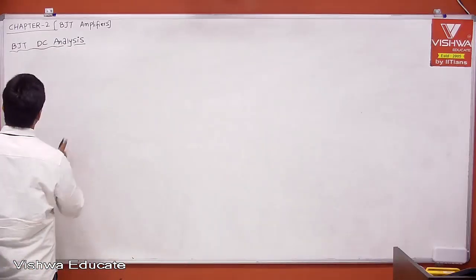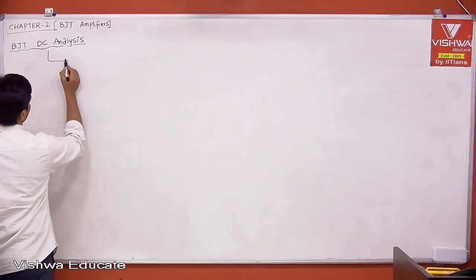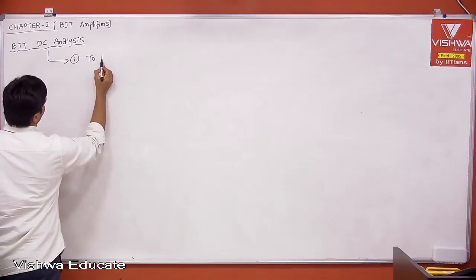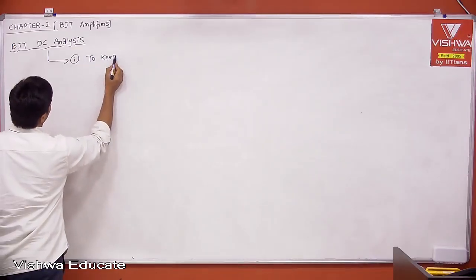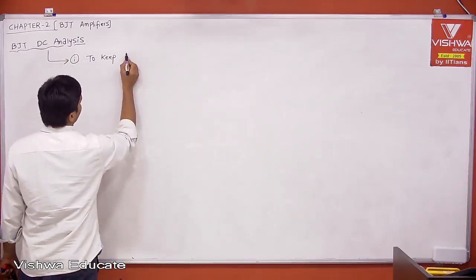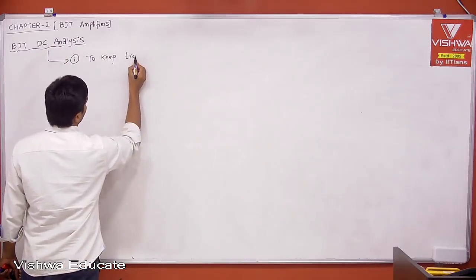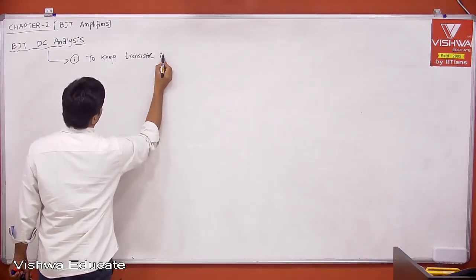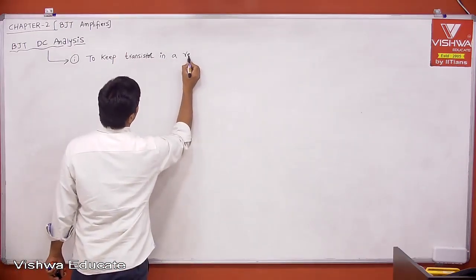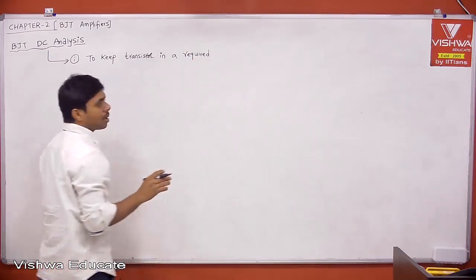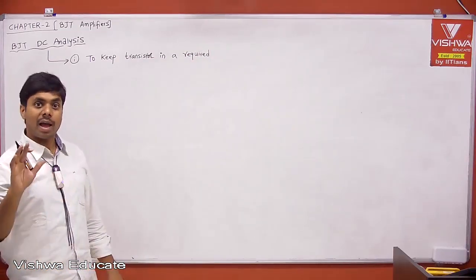Okay? Write down. Under the heading, the purpose of DC analysis. Write down the first one. What are we going to do from DC analysis? To keep the transistor in a required region. Not only active region, that is what is called the required region, but for amplifiers we need the active region.